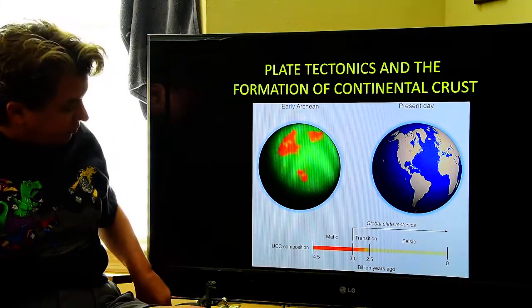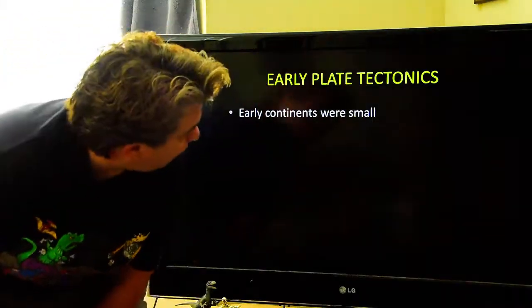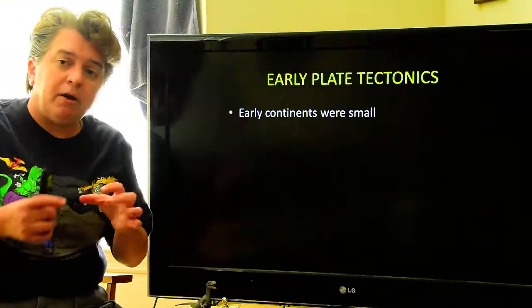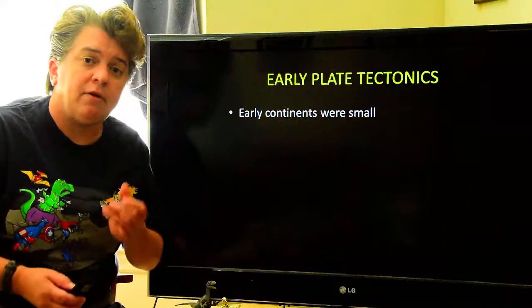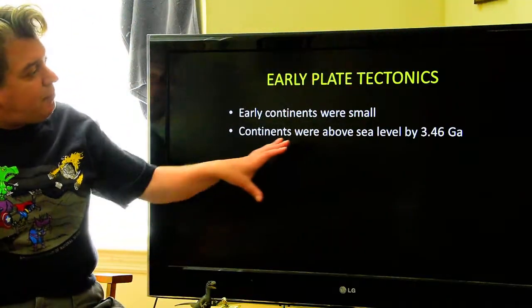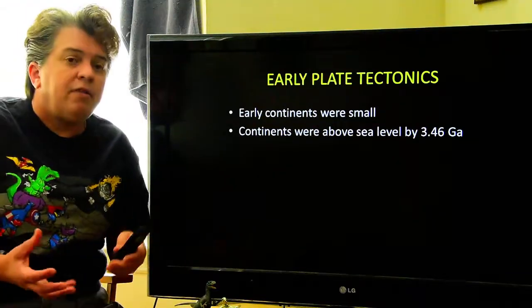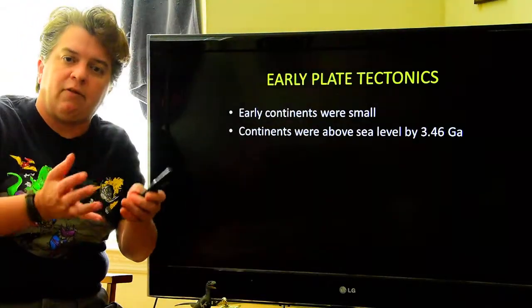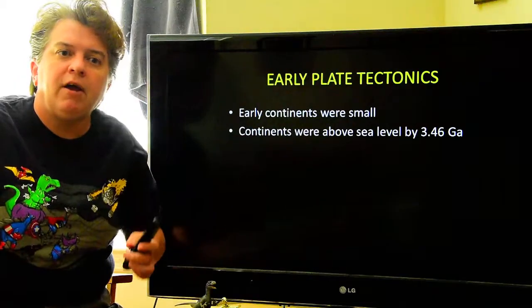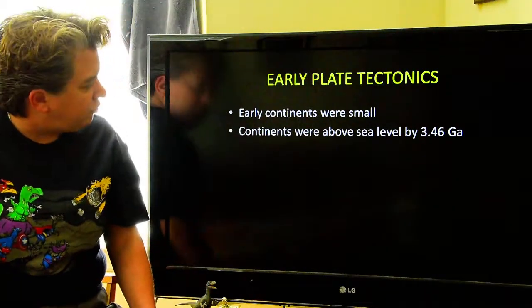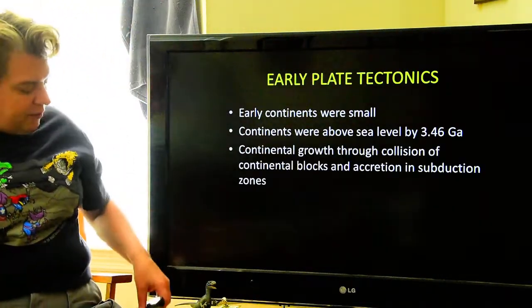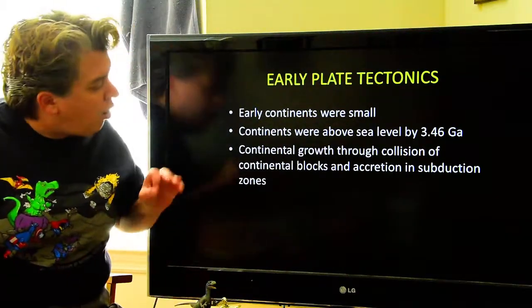And so early on, our continents were tiny. They were very small. By about 3.46 billion years ago, they were above sea level. They had been built upwards enough that they're now sticking out of the oceans. And these continents grew over time.